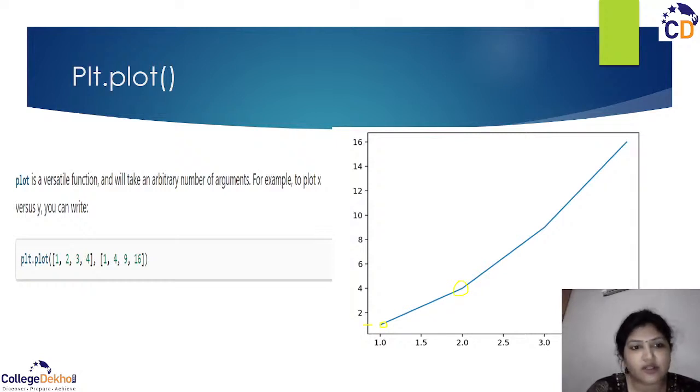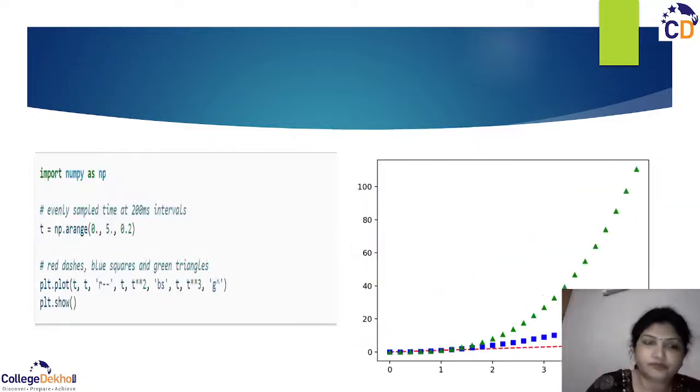Then we have 3, 9, and you may see some tilt in the line. Then we have 4, 16. So this is the last point we have on our plot. This is how a graph can be plotted using the plt.plot function, right?